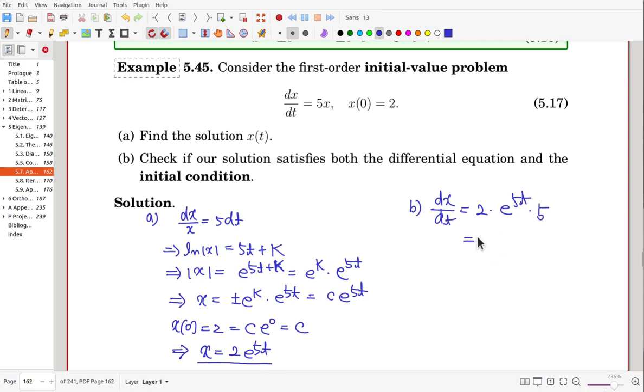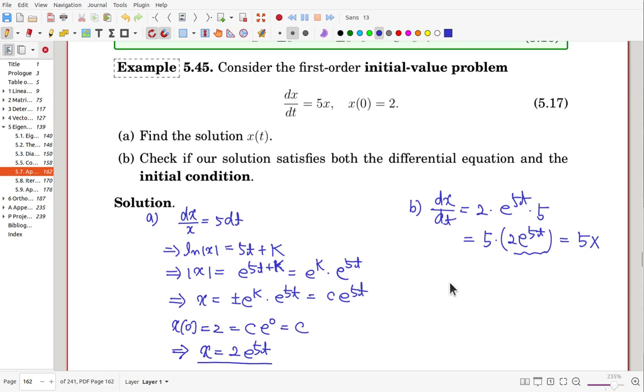Now we can write that in this way, 5 times 2 e to the 5t. But that is x, so we can write here 5x. So it is satisfying the differential equation.